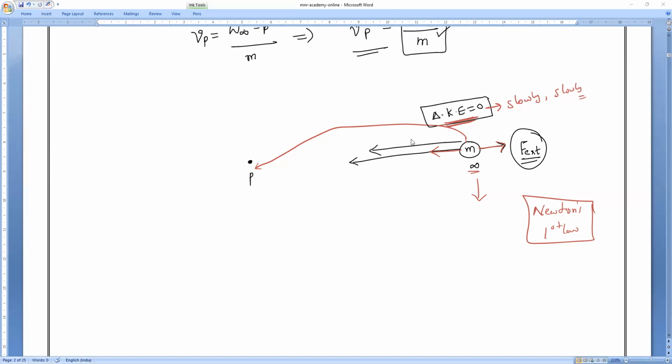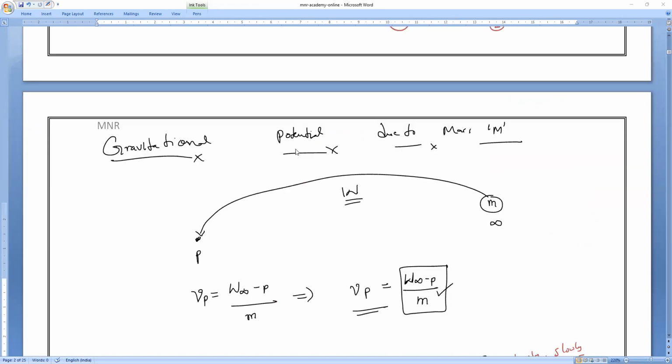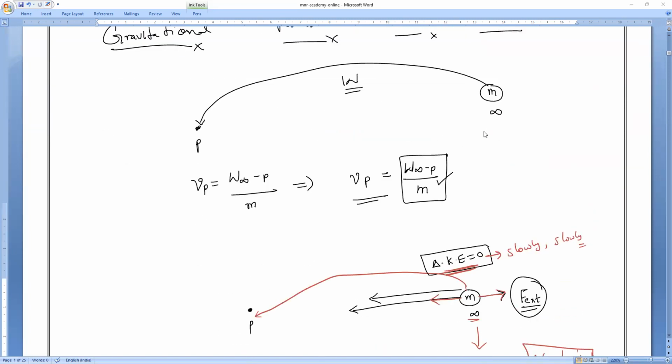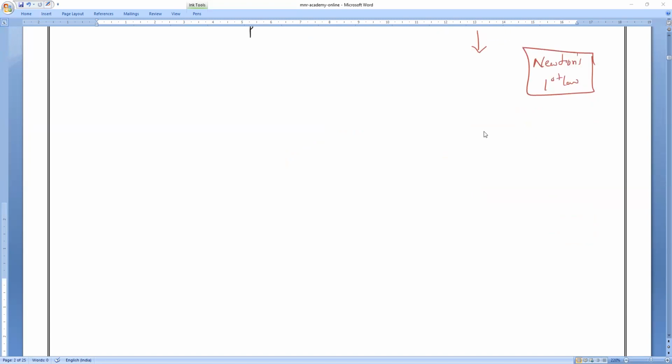What is our heading in this concept? What is our today's heading? Gravitational potential due to mass m. That is our target. So let me take the point P. All of you observe very carefully. Mass m is present at distance r, because they are asking this only. The reference point is whatever you can take.